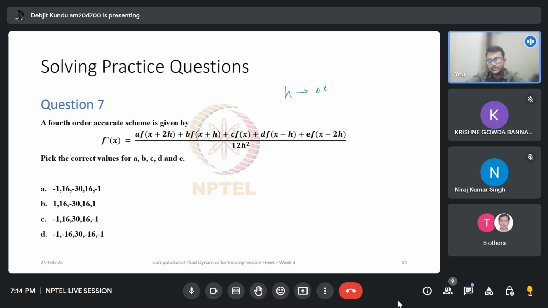Option A is -1, 16, -30, 16, -1. So this essentially means A equal to -1, B equal to 16, C equal to -30, D equal to 16, and E equal to -1. I didn't explicitly put the equal signs and the coefficients over here, just the numbers in order.